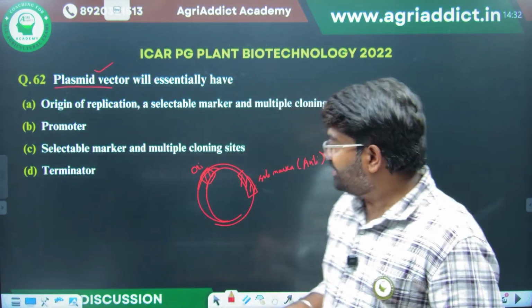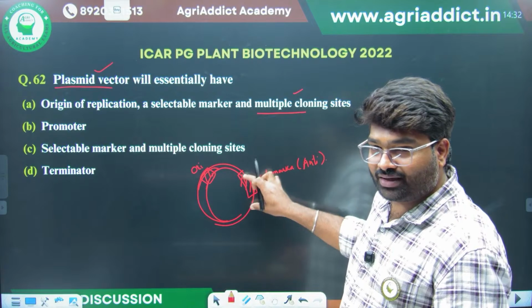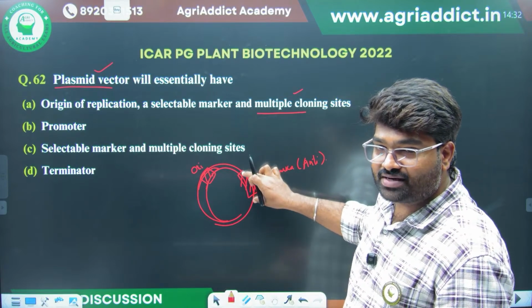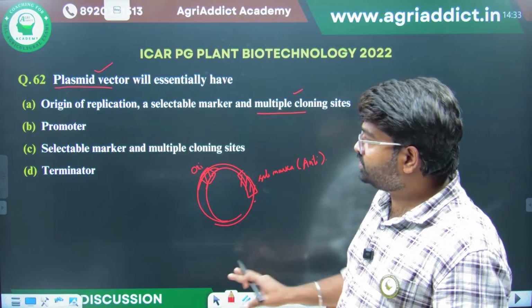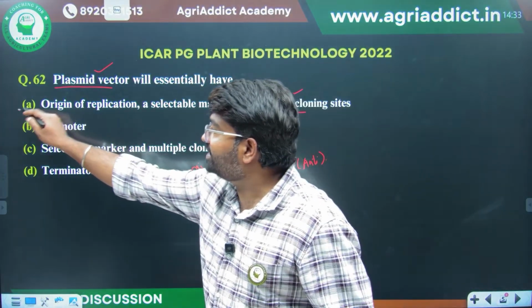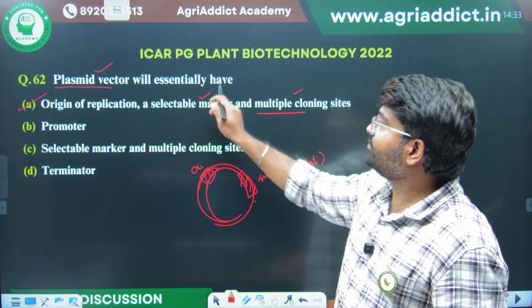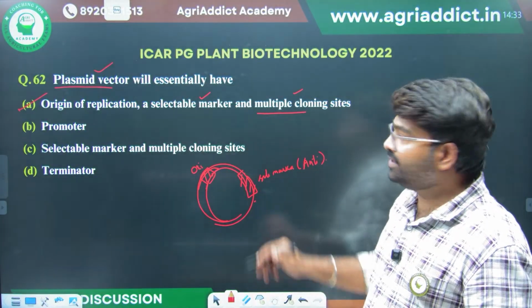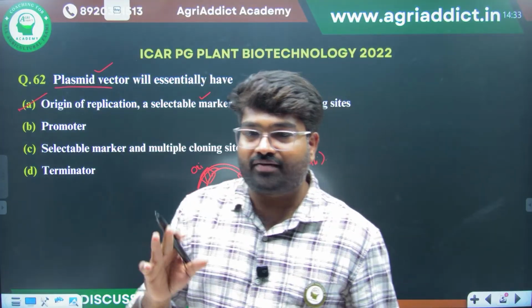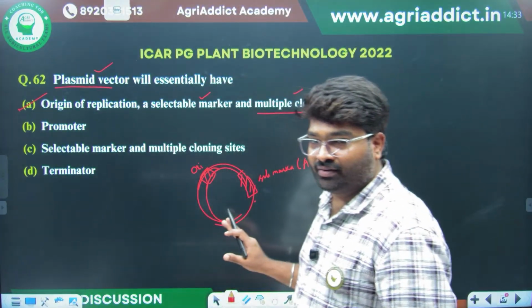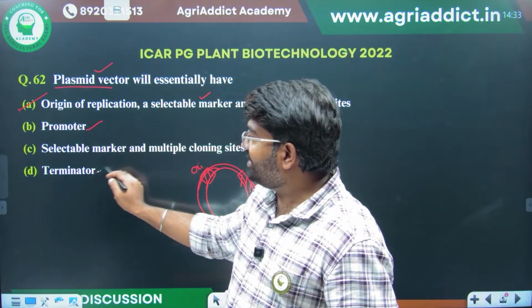Then the third most important thing is the multiple cloning site, because a particular fragment will be removed and there our gene of interest will be cloned. So what will be the right answer? Origin of replication for multiplication, selectable marker for selecting a recombinant, and multiple cloning site for cloning our gene of interest into our vector. Then another option, promoter and terminator sequence.